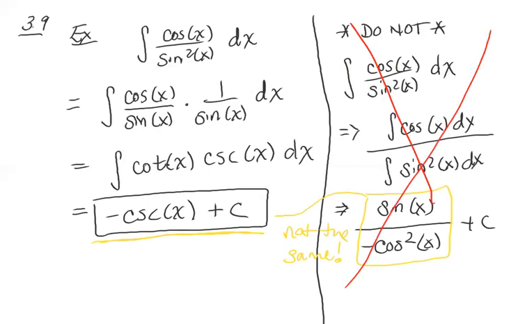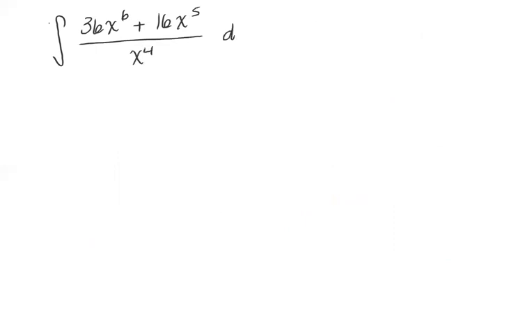All right. One more problem in that same vein of thought. If I want to find the antiderivative or indefinite integral of 36x to the 6th plus 16x to the 5th, divided by x to the 4th, dx. Okay?